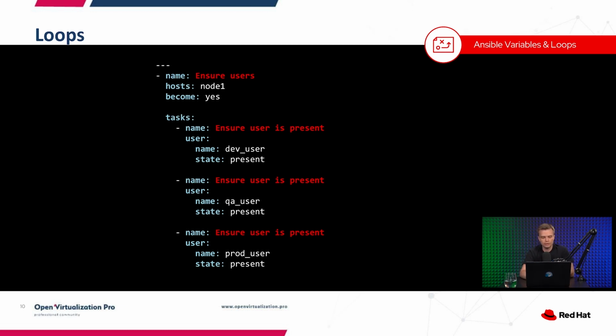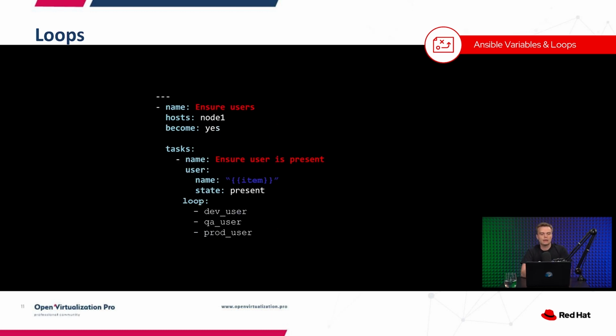Notice that instead of writing 3 different tasks, and it would be a nightmare if I had a list of users read from some external source, I would like to have a loop that runs over a specific set of strings in this case, actually, right? So this is a very basic loop that allows you to have the iteration of the specific task.